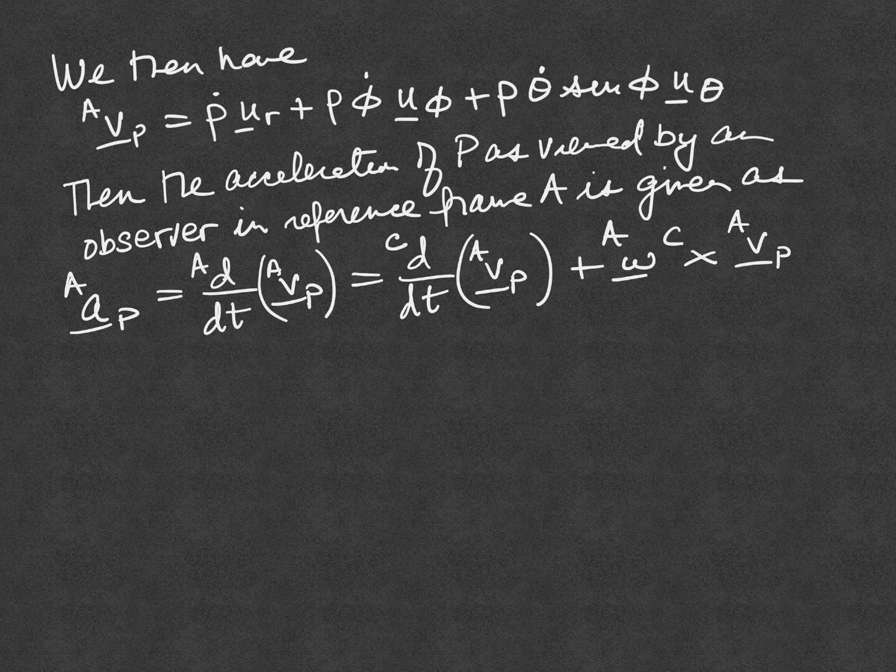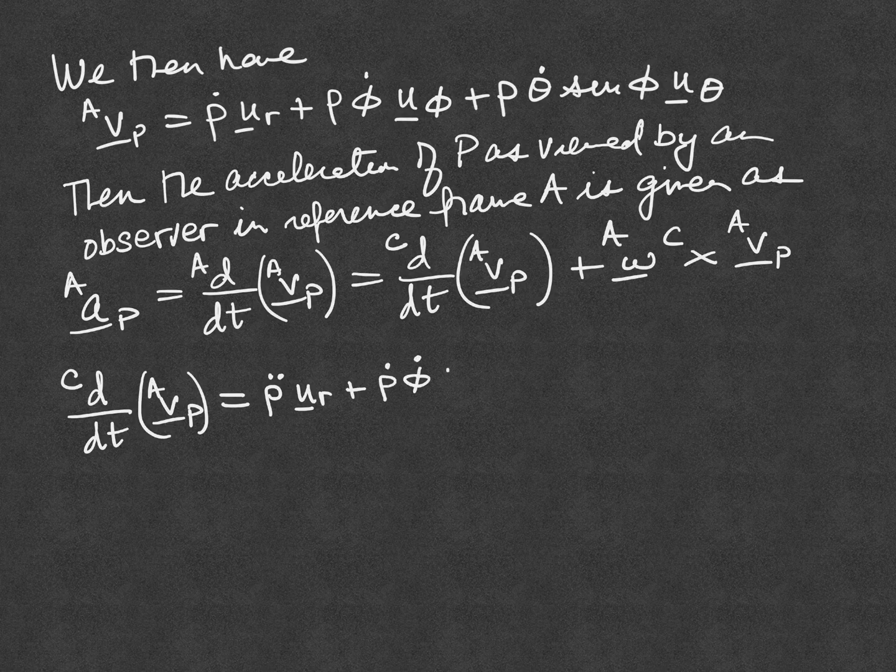Now we need to do the same operations on the velocity as we did on the position, which is that we have that d dt in C of the velocity of P in A is equal to, well, let's do this first. So again, UR, U phi, U theta, they're fixed in reference frame C. So the only thing that changes are the components. So this gives me rho double dot UR plus rho dot phi dot plus rho phi double dot times U phi.